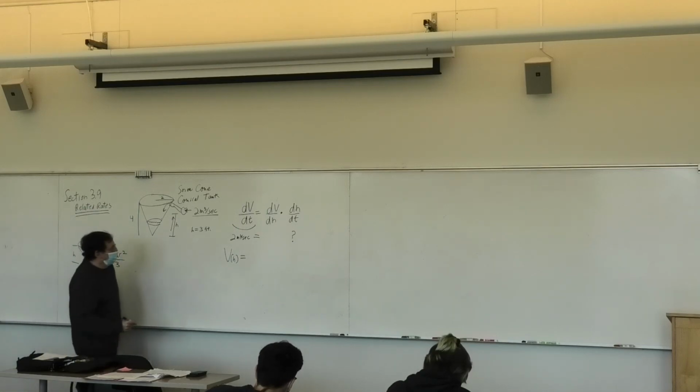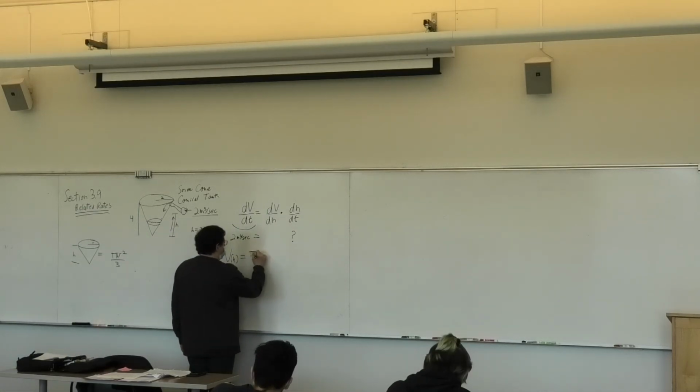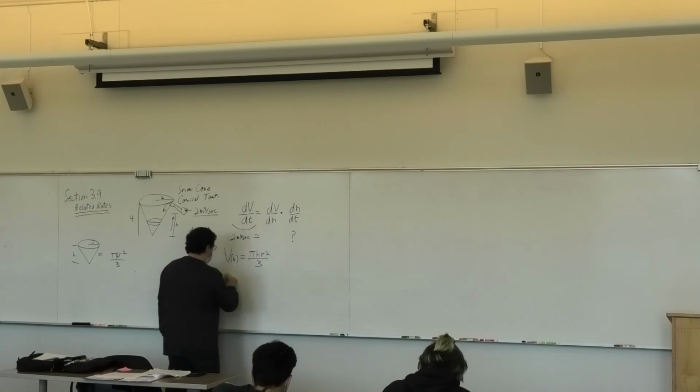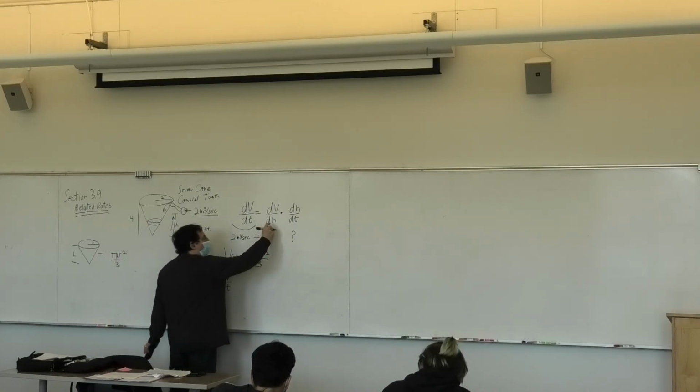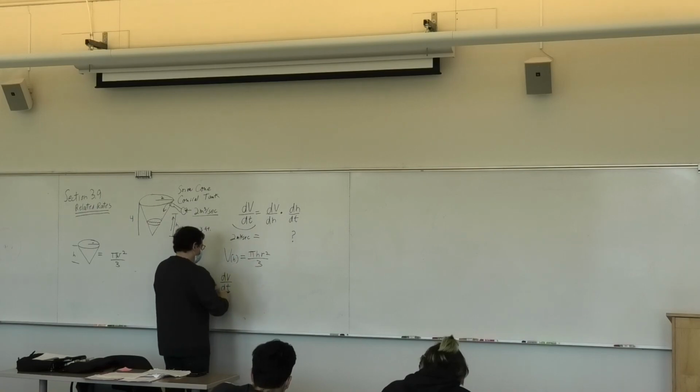So pi h r squared over 3, so dV dt, no, dV dr, right? That's what we want. Oh, dV dh, that's what we need, okay.